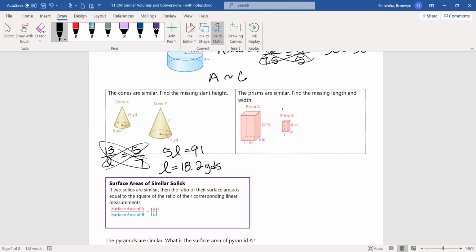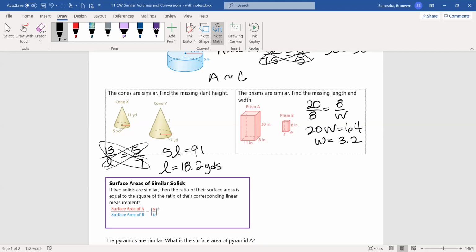These prisms are similar. Find the missing length and width. So what do we have both of? We have both heights. So it's going to be 20 over 8 equals, let's do width first, 8 over W. So we have 20W equals 64, which means W is going to equal 3.2.